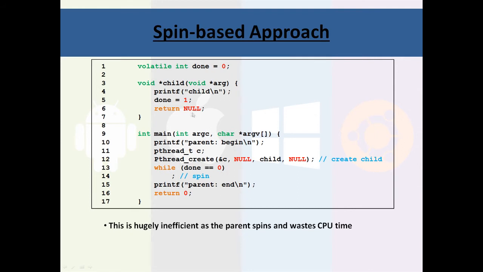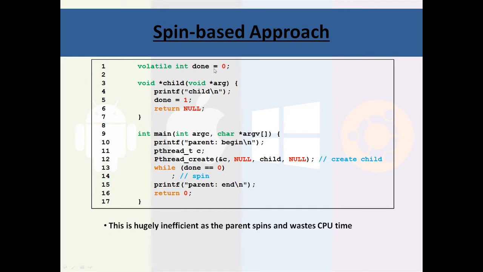Now within the child process, we have that it must print the word child, and then update this variable called done. So you can see how we are now utilizing a variable which is working as a condition indicating when the child is done.